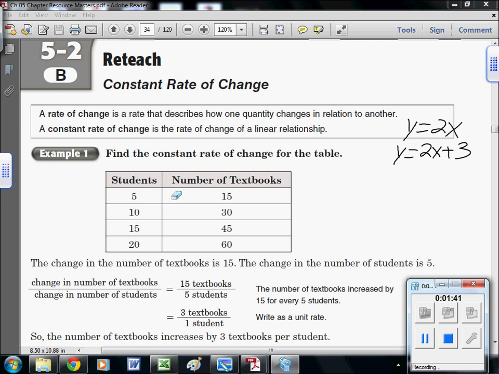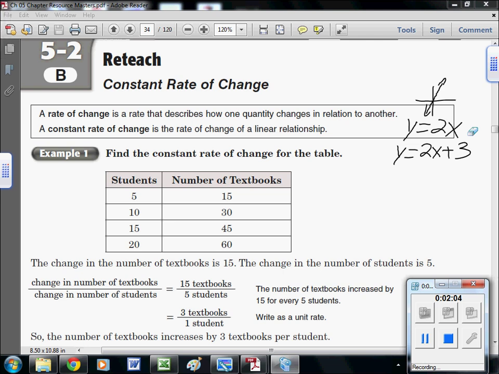I just want to make sure you know the difference between constant rate of change for a linear relationship, because both of these are lines, meaning they're linear. We practiced at the beginning of chapter 5 graphing linear functions with input-output tables. We would find that this one would be a straight line and this one would be a straight line. They would both just start at different places. A quick sketch of that graph for the first one would look like something like that.